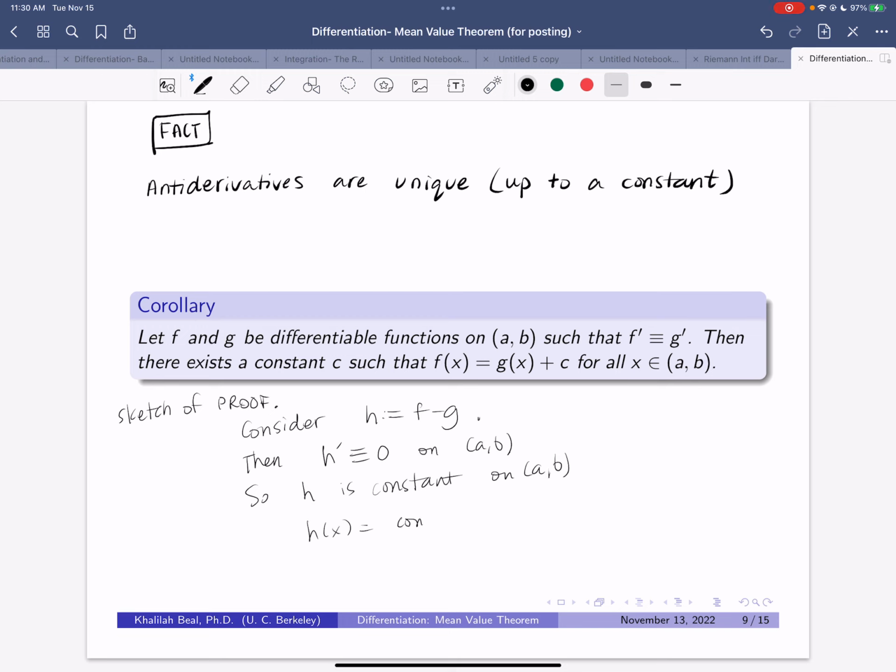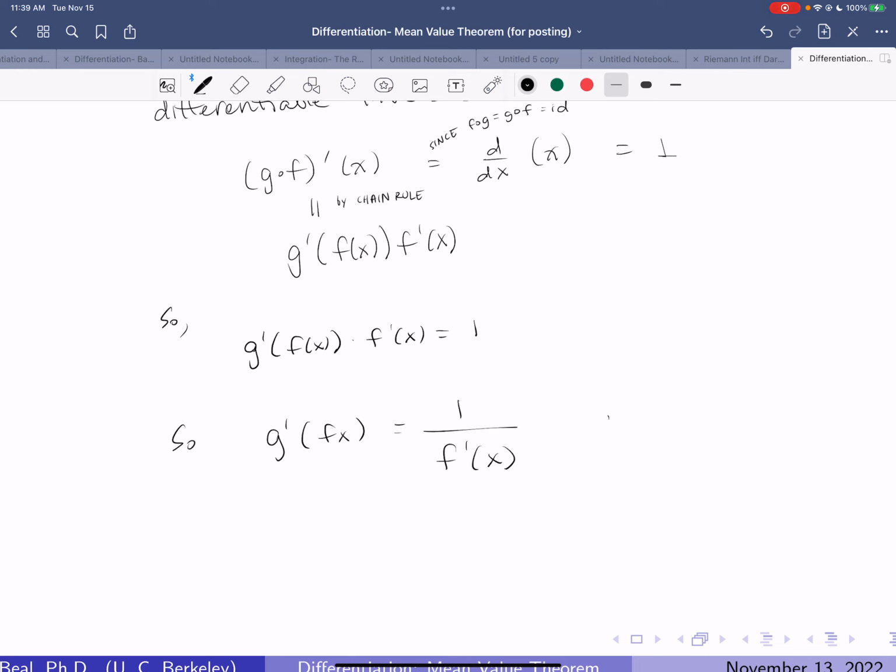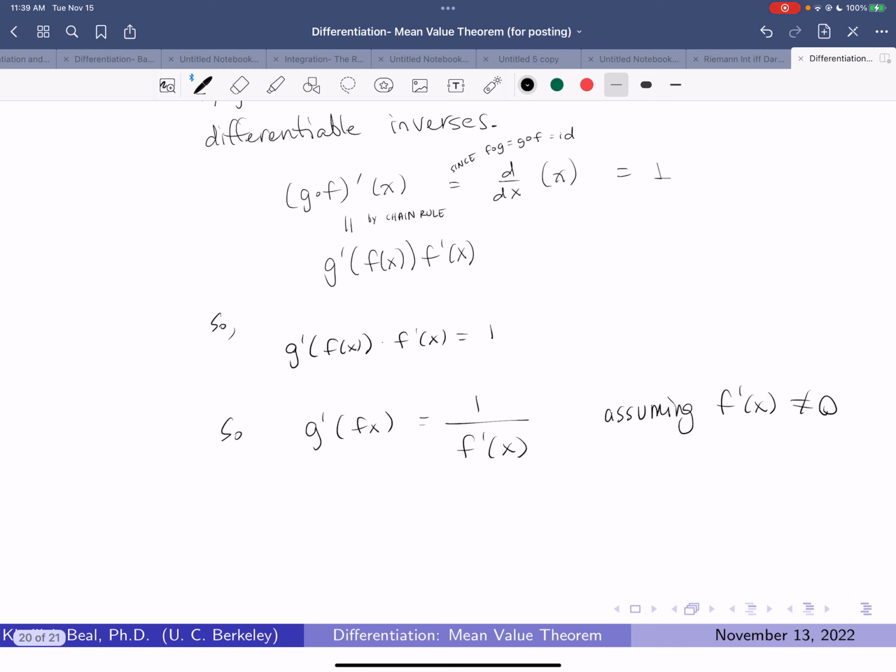We're going to be able to come up with a formula for our derivatives by equating these two results. So g prime of f of x times f prime of x is equal to 1. So that means g prime of f of x is 1 over f prime of x, assuming that f prime of x is not equal to 0. Now, what you'll see written in books is, suppose you have a point (x naught, y naught).